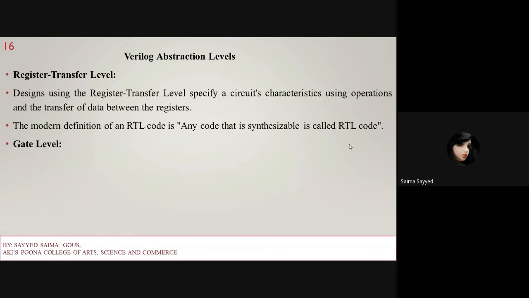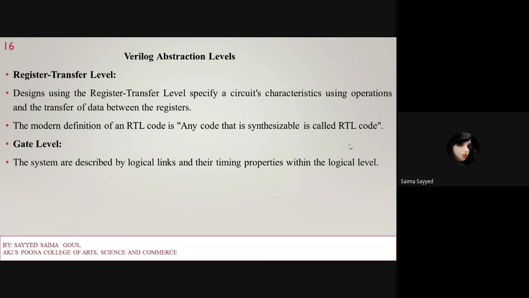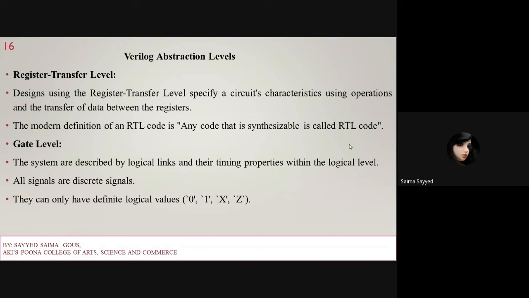Next, gate level modeling. What is gate level? Here the system is described by logical links and their timing properties within the logical level. They use logic gates to provide the connections between logic and describe the values in terms of discrete signals, which have definite logical values.